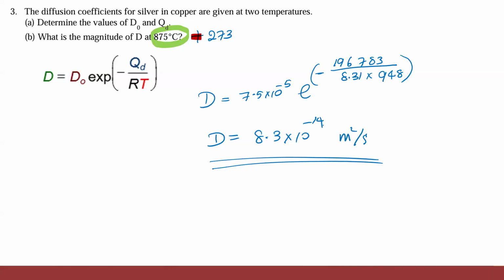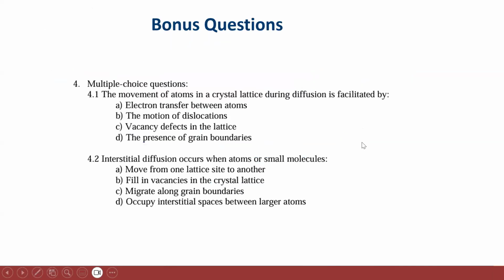Okay, those are the 3 numerical questions we have in the tutorial. Again, I want you to do this bonus question. Again, multiple choice questions, but I want you to write the justification why you select that particular answer. We discussed the vacancies and vacancy diffusion and also the interstitial diffusion, so you already know the answers, isn't it?